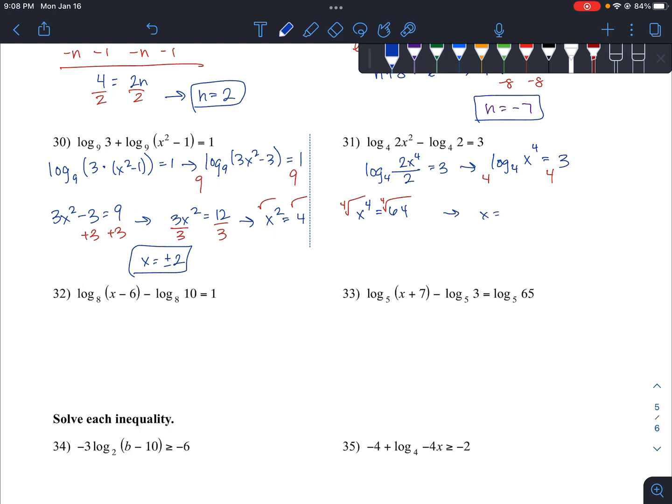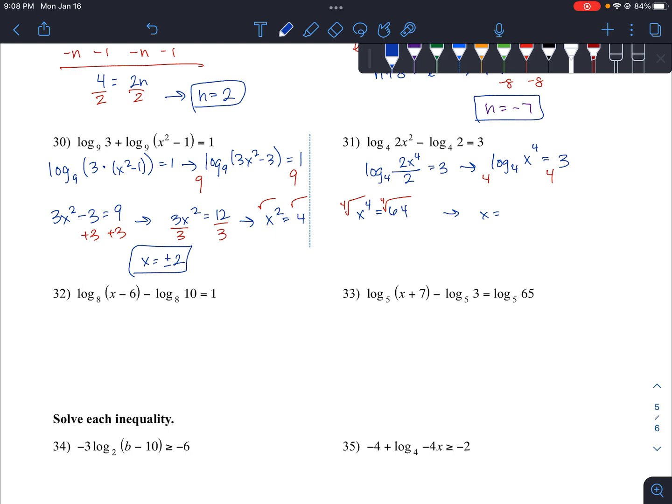The 4th root of 64, I'm not even sure, but we can use a calculator on this portion. So let's do 64 raised to the 1 divided by 4 in your calculator. And you should get a decimal number.